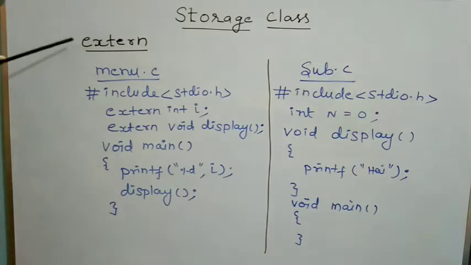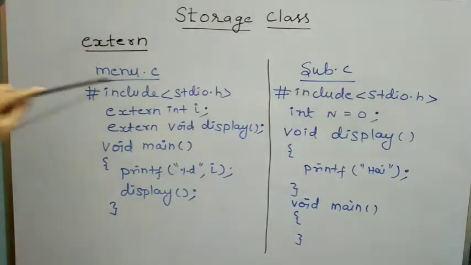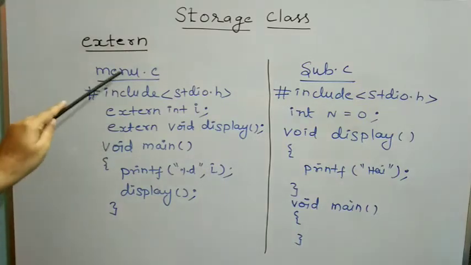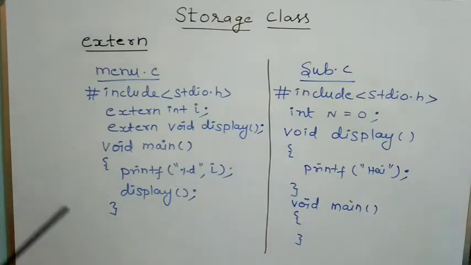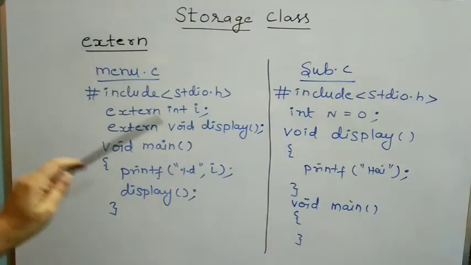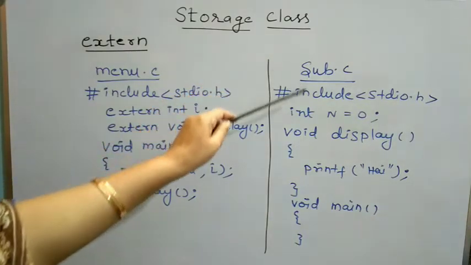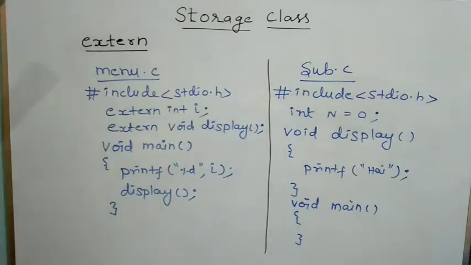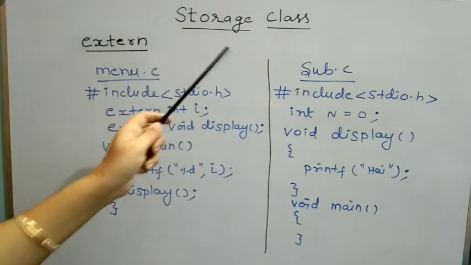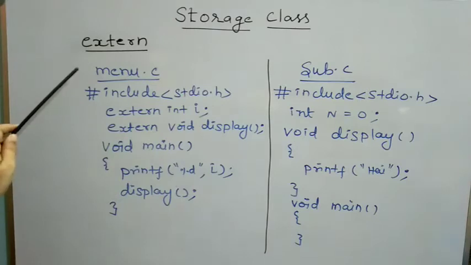Next one is extern. Where will this extern storage class be useful? In case we are executing a project with many programming files, and we want to share a variable defined in one programming file with another programming file. Here I have written two programming files, sub.c and menu.c.